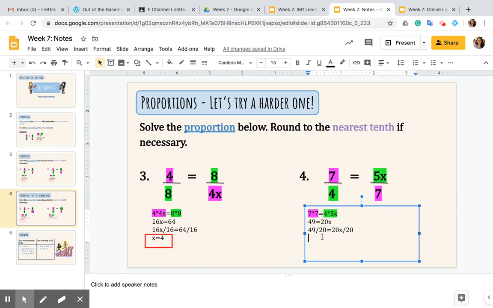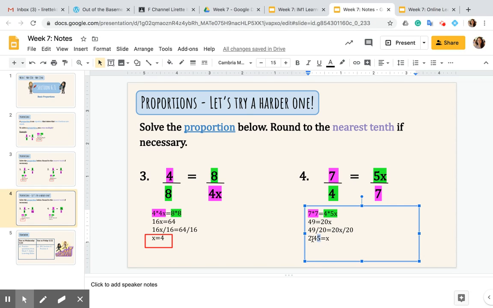And if I do 49 divided by 20 in my calculator, I'm actually getting a decimal, okay? And the instructions are telling me to round to the nearest tenth. So if you look at where my cursor just highlighted, the 4, that's the tenths place. That's the number I want to round. So if you recall, when we round, we look just to the right of the number we want to round.